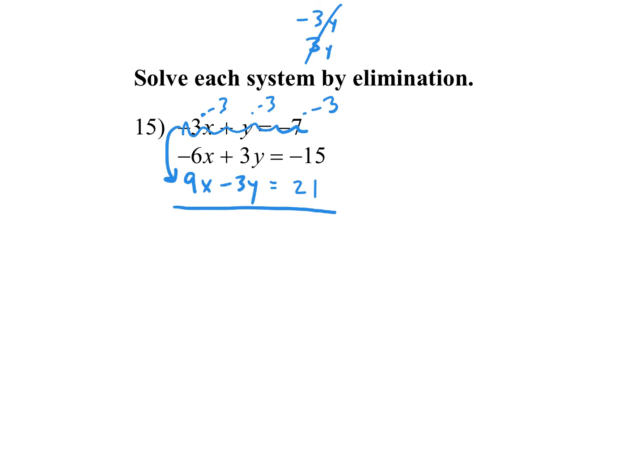Yep. So what's negative 6x plus 9x? 3x. What happens to the y's? They cancel. And then what's negative 15 plus 21? 6. Awesome. What should I do next?